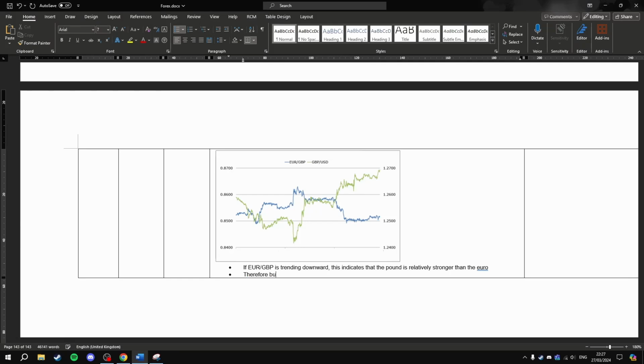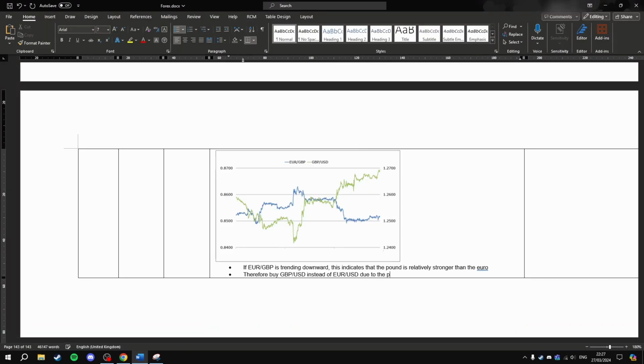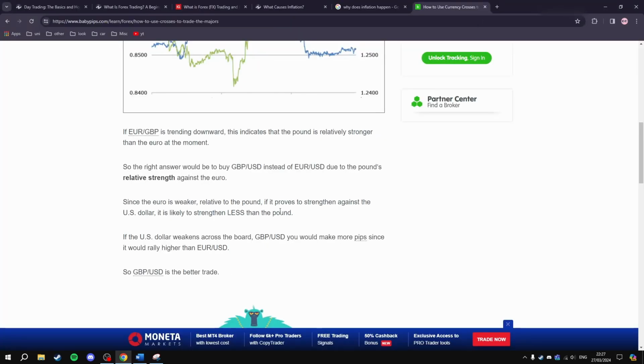Therefore, buy GBP/USD instead of EUR/USD due to the pound's relative strength against the euro. But why would you buy?